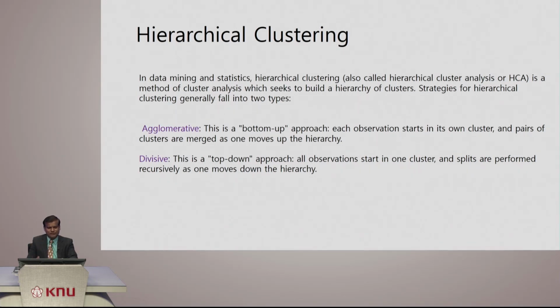So this uses two different strategies. Agglomerative, the first one, is the bottom up approach. Each observation starts with its own cluster, and pairs of clusters merge as you move up in the hierarchy.